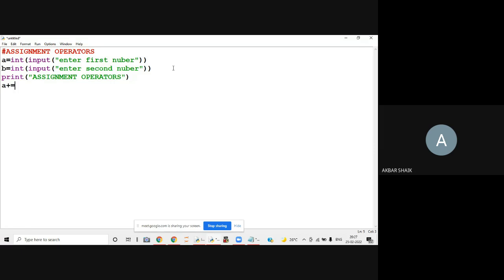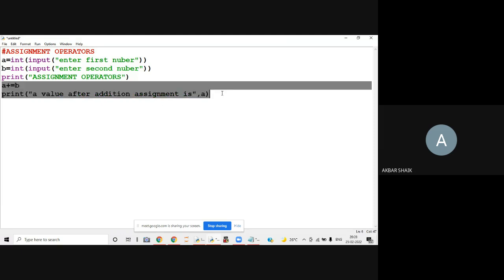A plus equals B. Print A value after addition assignment is A. Now I'll do all the operations like this only.